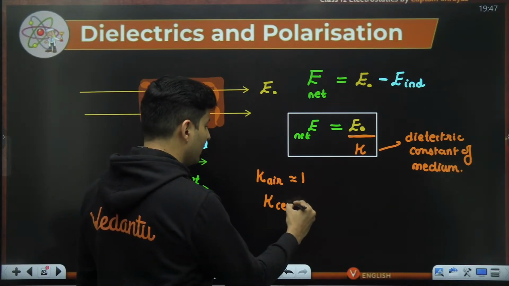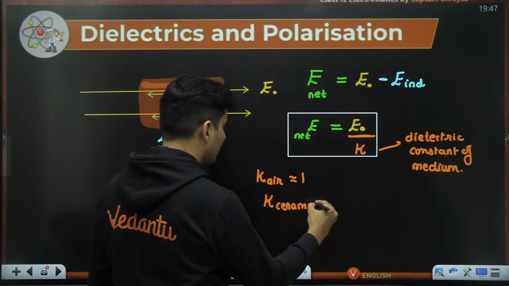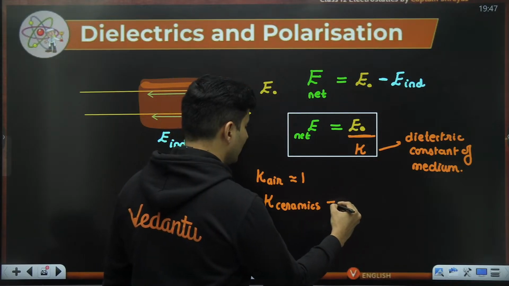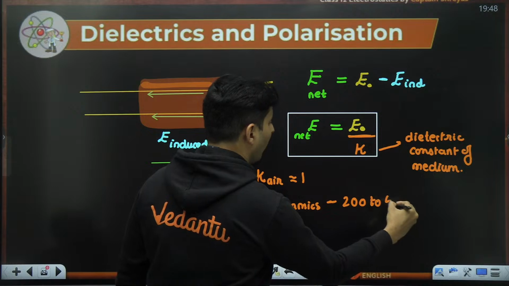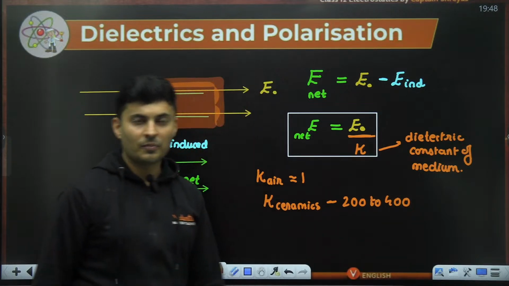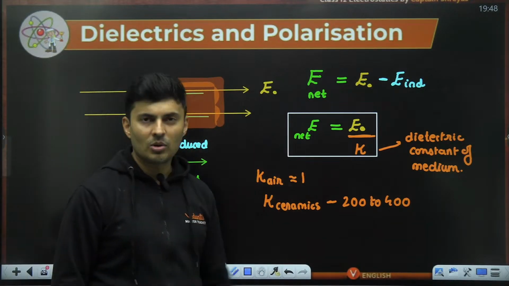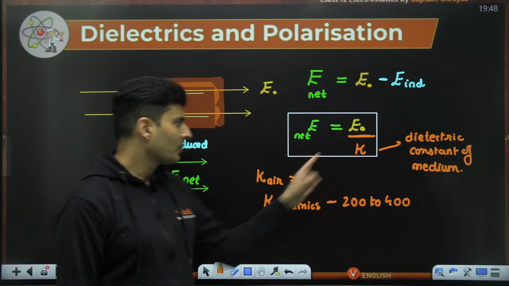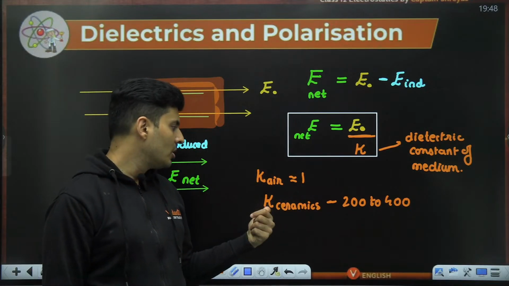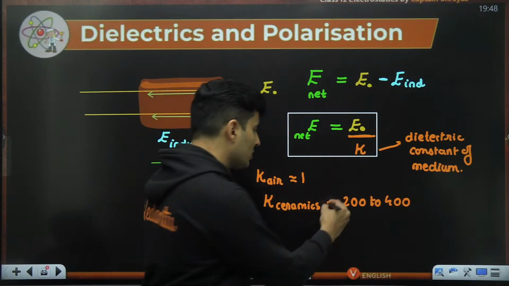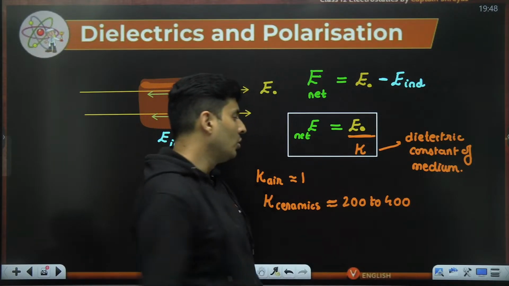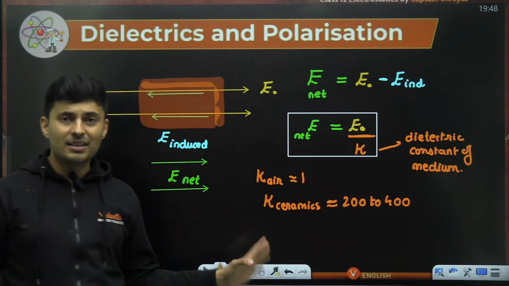Dielectric constant for ceramics is in the typical order of 200 to 400. Actually, no units over there. It's a constant without units and dimensions. It's just a pure number, a ratio. So for ceramics it is typically in the range of 200 to 400. For air, it is 1.